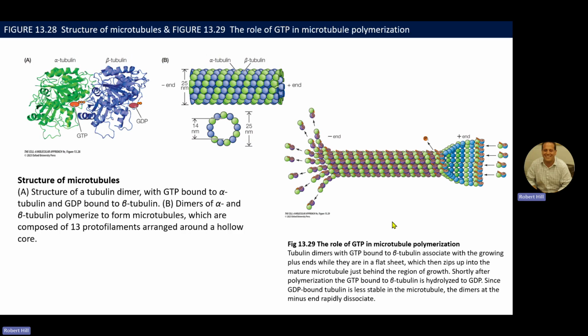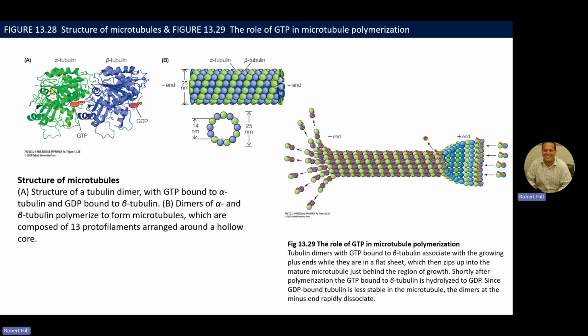All right, so we've got two figures here. Don't let this scare you. It's a lot of pieces, but we'll go over it in detail. These two figures give us a very visual understanding of how tubulin dimers assemble into a functional microtubule.